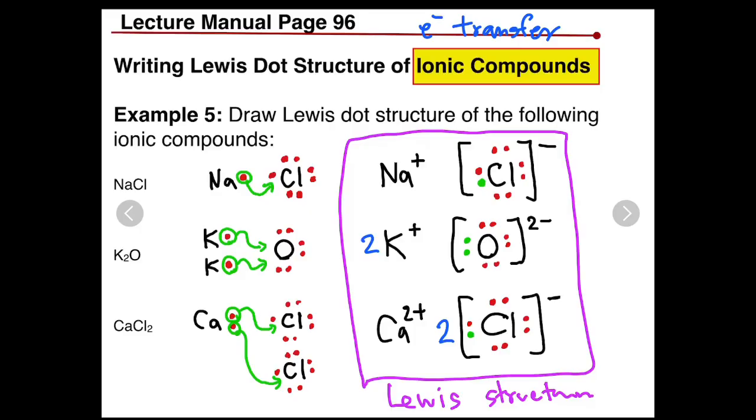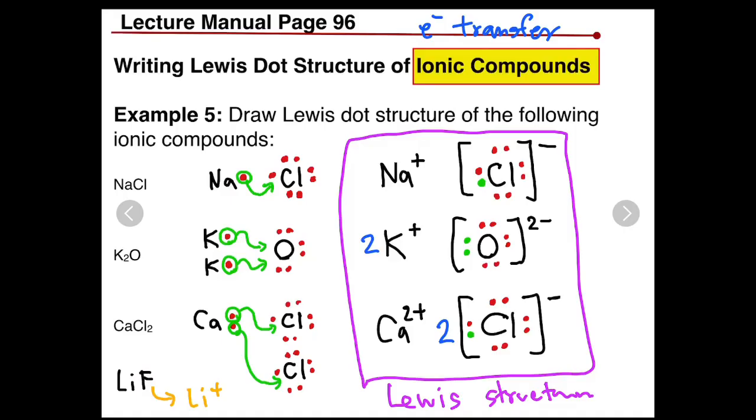For example, if you see lithium fluoride, we know that lithium is in group 1. According to the periodic table that we learned in the previous chapter, we can just say right away that lithium becomes lithium plus, because in group 1 it has a positive 1 charge. The reason is that lithium is bigger than fluorine, so lithium is most likely to lose an electron to fluorine.